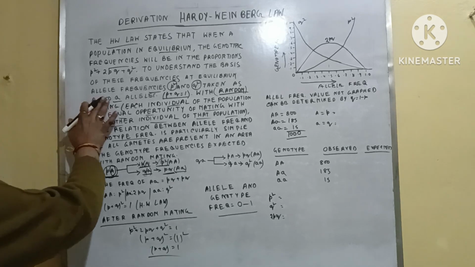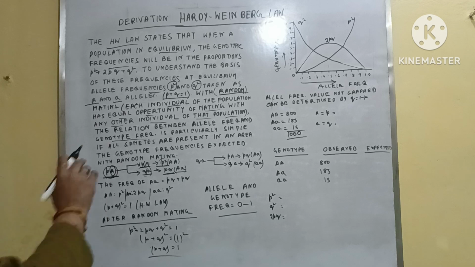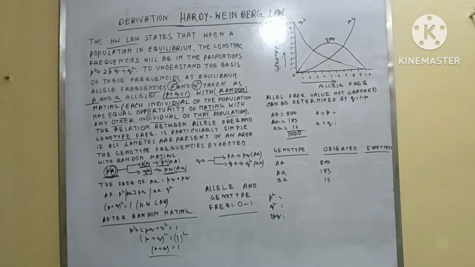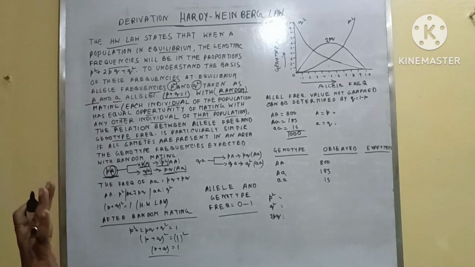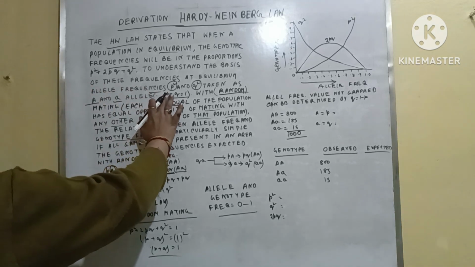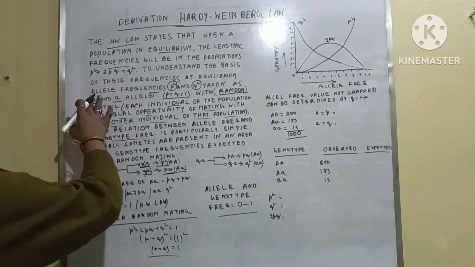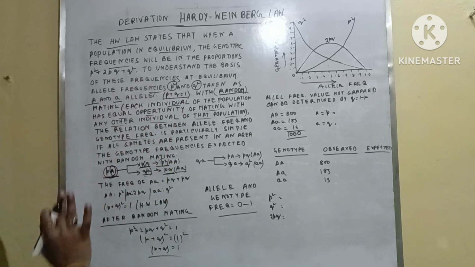This capital A and the small a, these are the alleles, and small p and small q, these are the genotype. Clear? So these are the allelic frequency and these are the genotype frequency. That means allelic frequency forms from these, and genotype frequency forms from small p, small q.